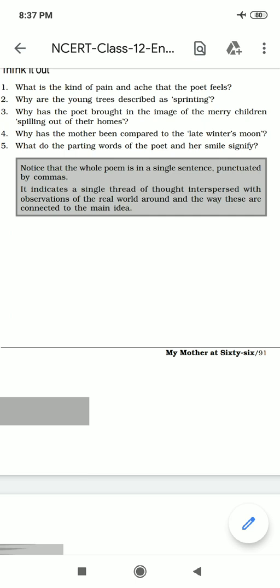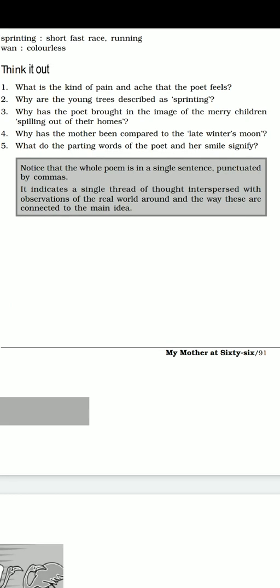But outwardly, she tries to look positive. And so she said those parting words, "See you soon, Amma." She's trying to look positive, but inside she's not positive. She's worried. And her smile, what is the significance of a smile?